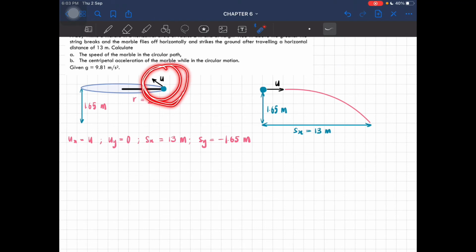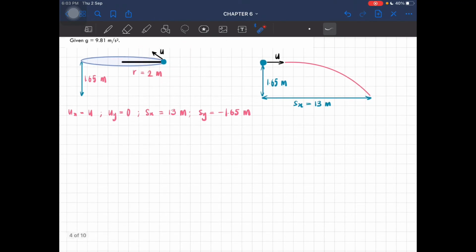We have to find this value of u. So we can use the value of uy in order to find u. Why? Because we have to find the value of u by using sx equal to uxt, where ux here is equal to u here.